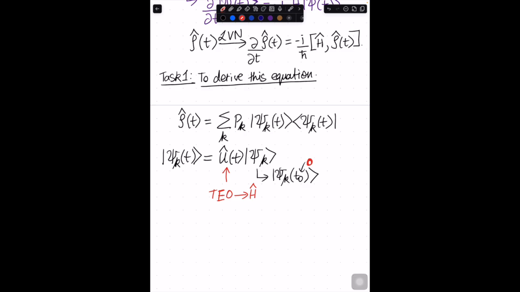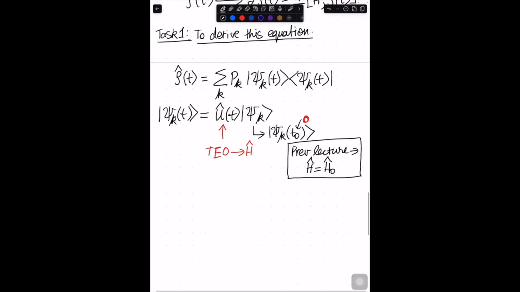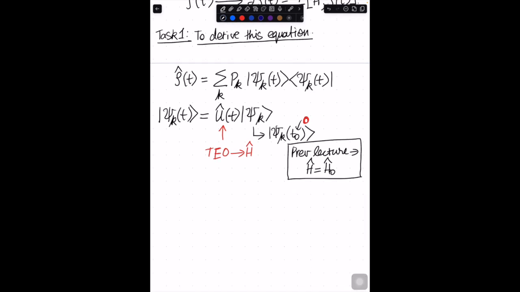In the previous lecture, I had made the simplifying approximation that your Hamiltonian is just time independent, H0. But in this case, my Hamiltonian is not time independent.